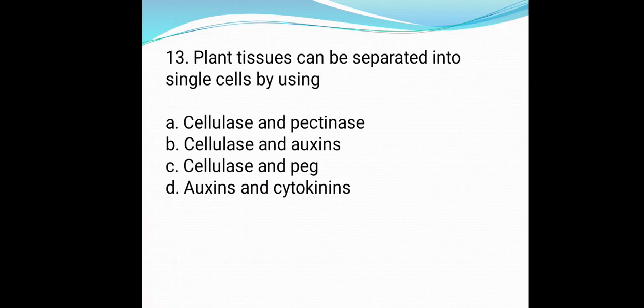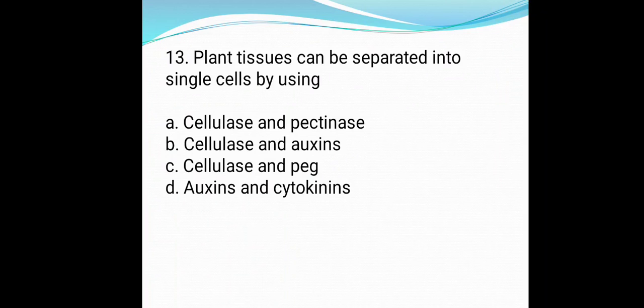The next one is, the plant tissue can be separated into single cells by using. The options are cellulase and pectinase, cellulase and auxins, cellulase and PEG, auxins and cytokinins. Plant tissues are surrounded by a cellulosic cell wall.